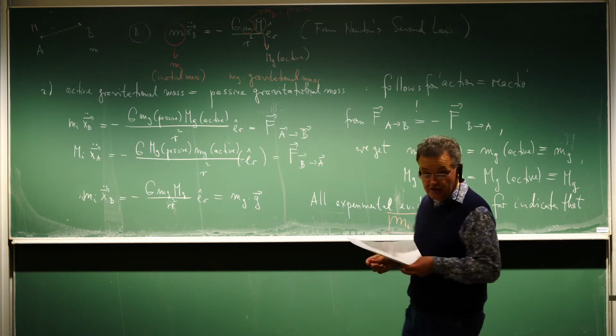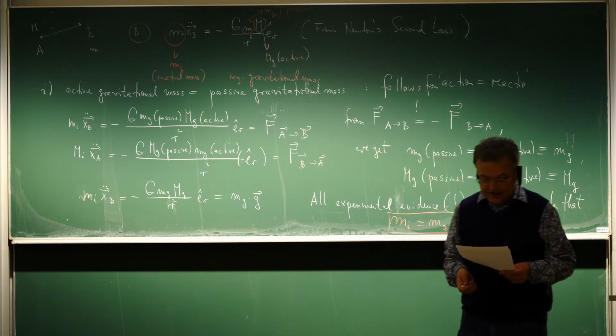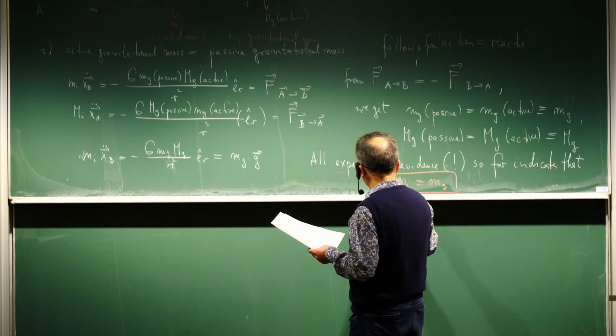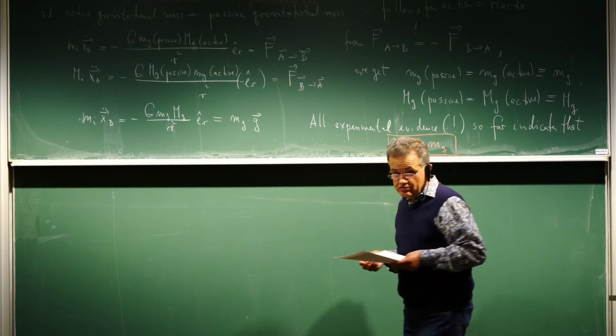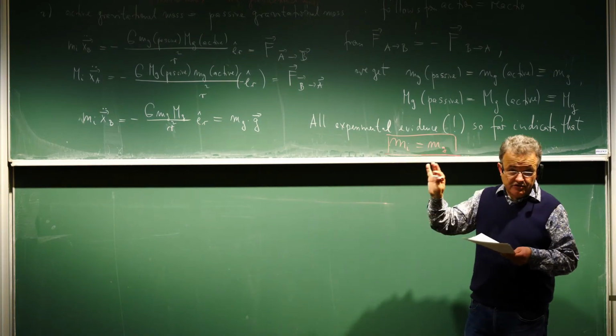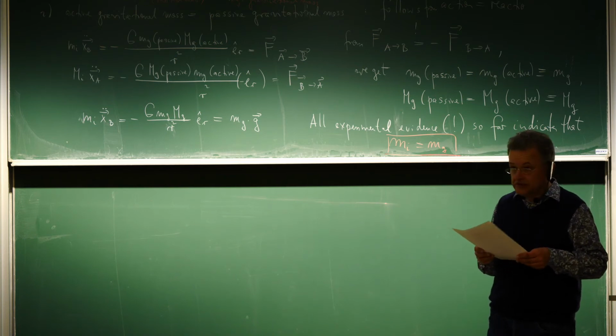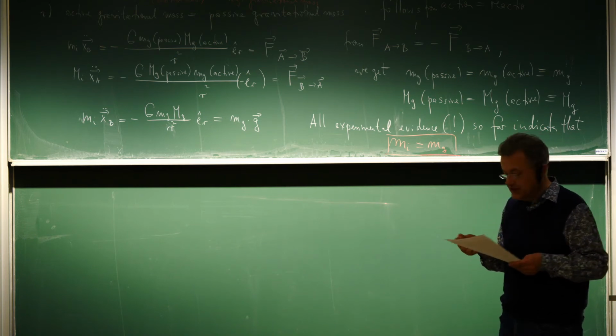So inertial and gravitational mass are the same for all bodies. This was already known to Galileo and to Newton. They knew it from pendulum experiments, for example, to an accuracy of 10 to the minus 3.